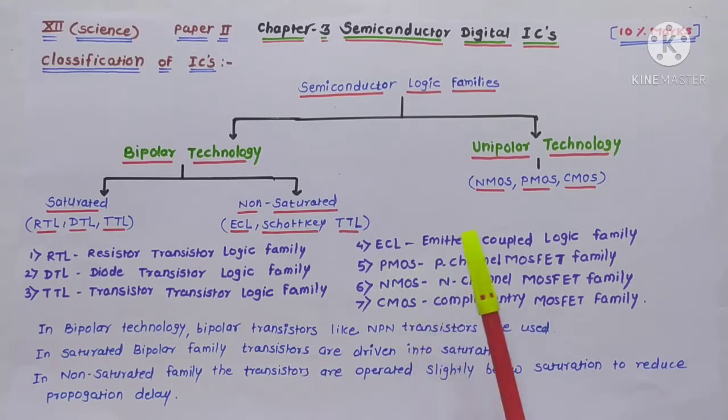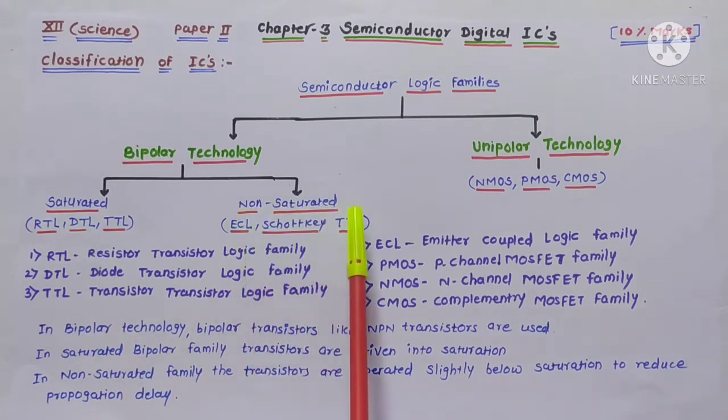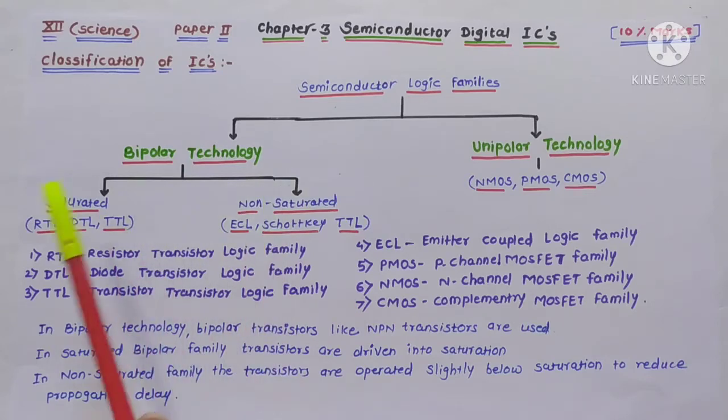You can see PMOS is nothing but the P-channel MOSFET family, NMOS is the N-channel MOSFET family and CMOS is nothing but the complementary MOSFET family. Students, all of you know that the word MOSFET stands for metal oxide semiconductor field effect transistor. Is that clear, students?